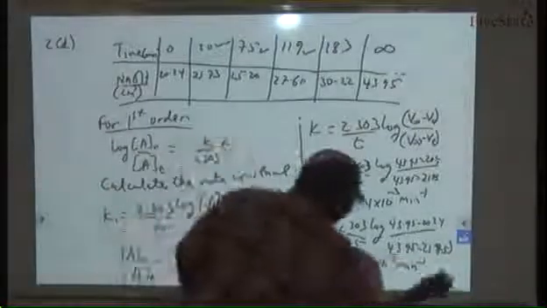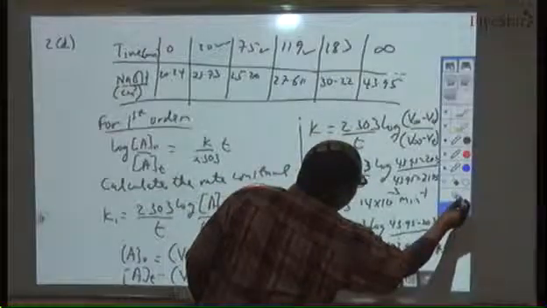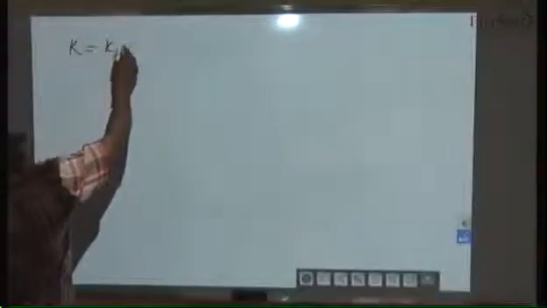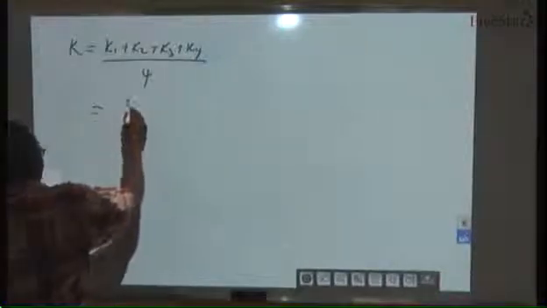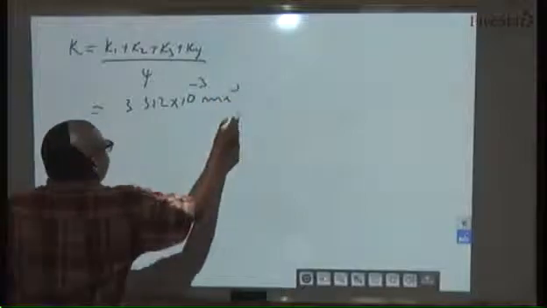So in short, you just calculate the rate constant at various times by using the integrated rate equation for the first order reaction.